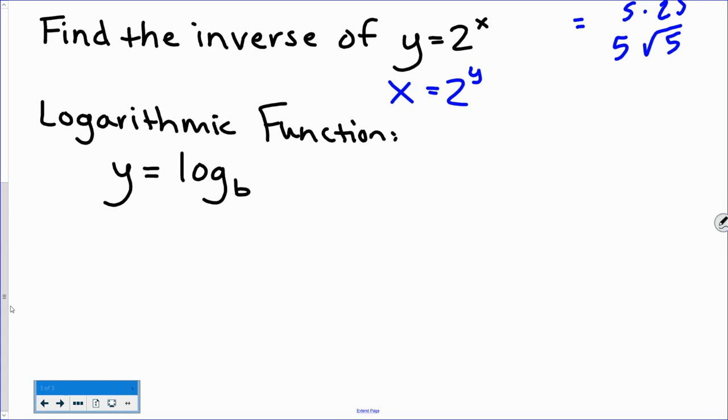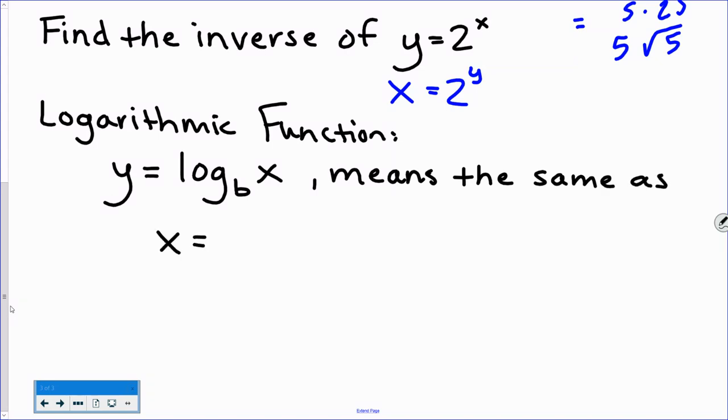And then x would be on the same line as log. Log would be short for logarithm or logarithmic function. All right, and this means the same thing: x equals b to the y power.